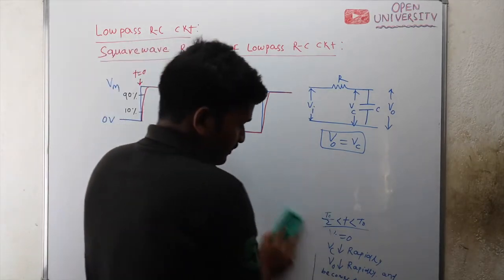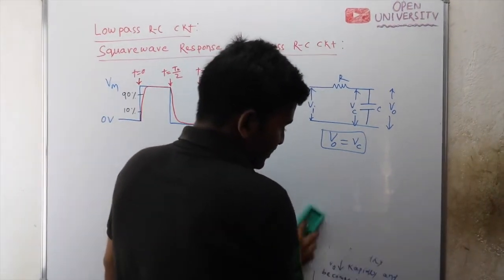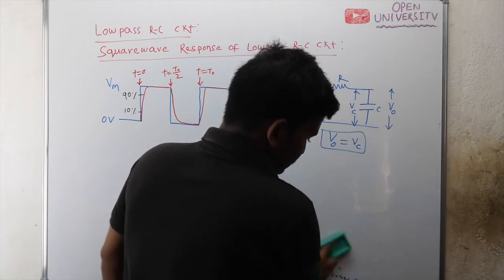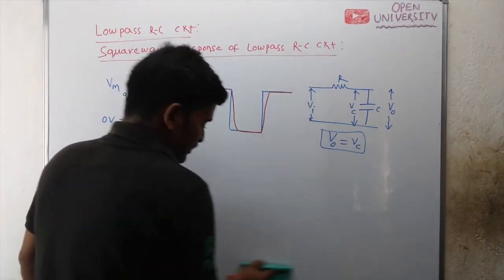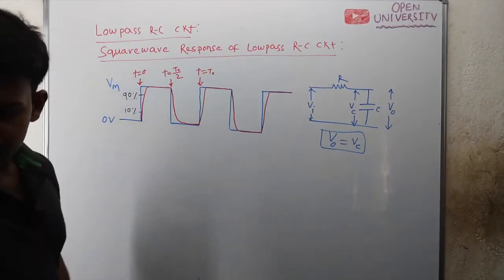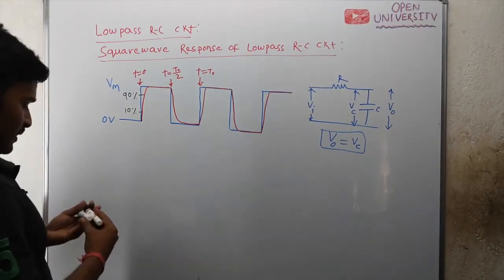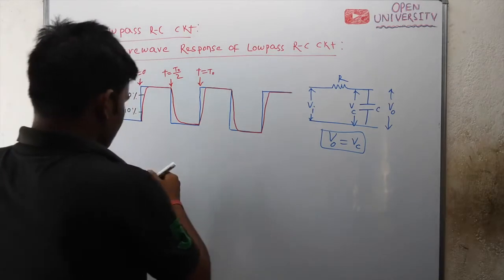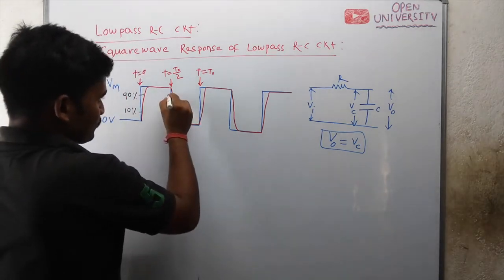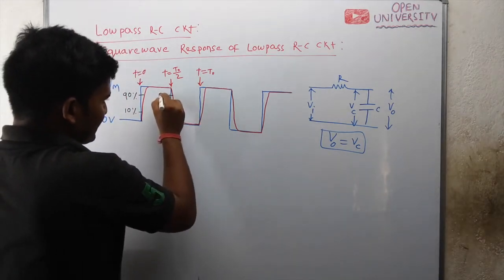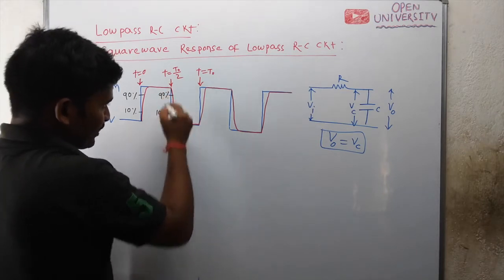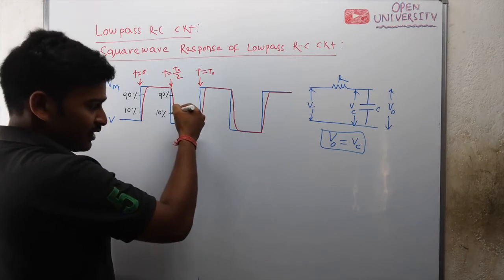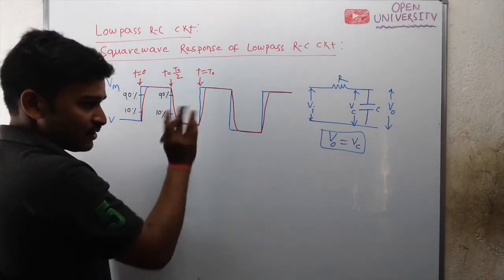That interval of time is called rise time. Then what is fall time? It is the time taken by the output or response to decrease from 90% to 10%. Whatever time is taken by the output to decrease from 90% to 10% is called fall time.